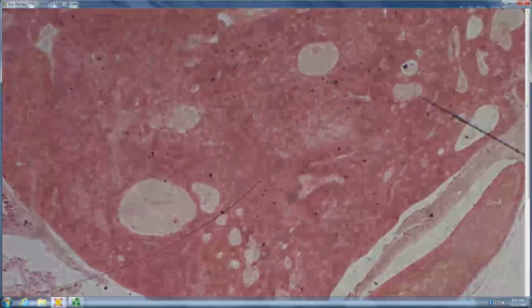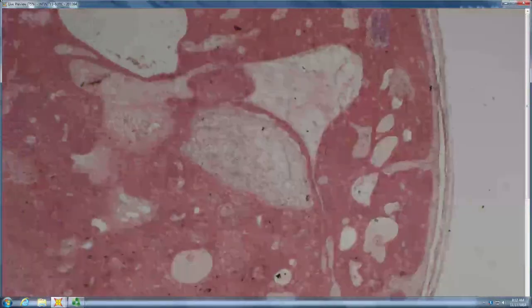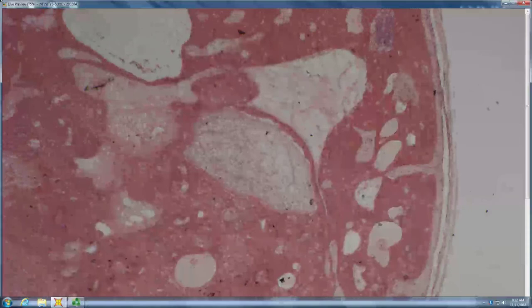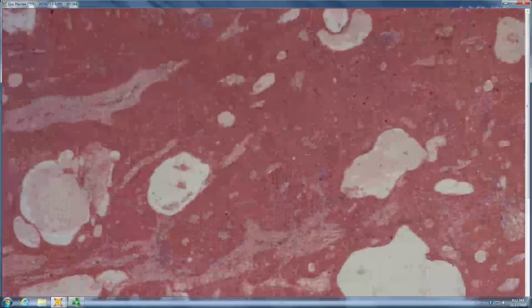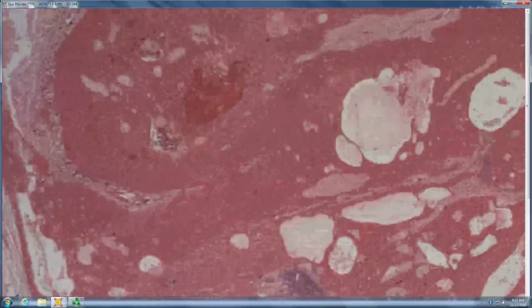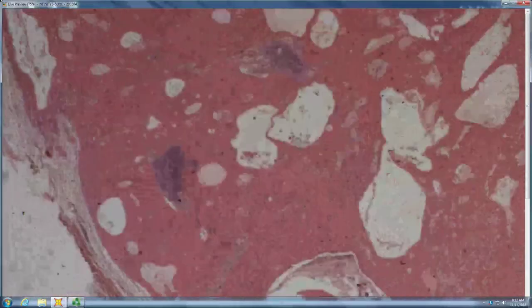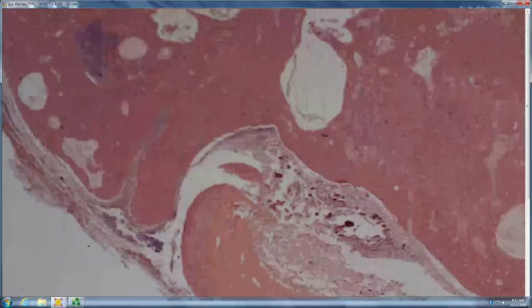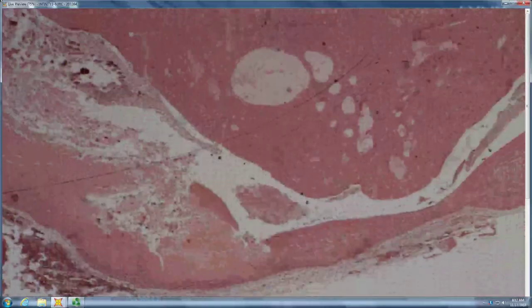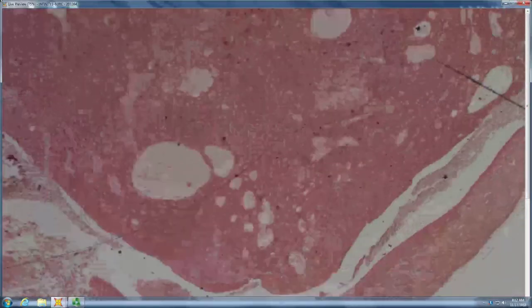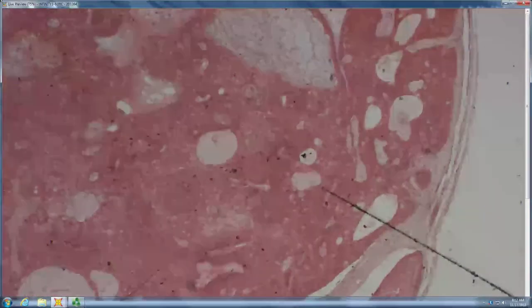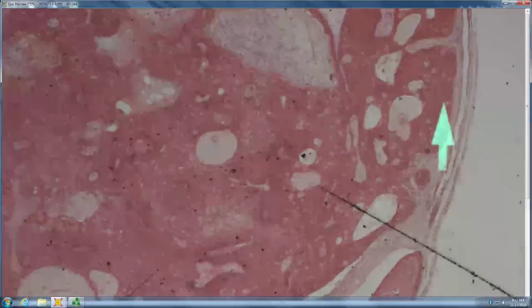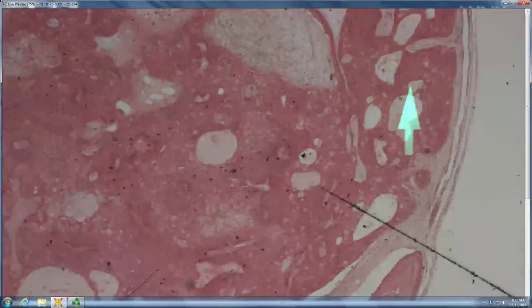They have a nodule, encapsulated. Cystic areas within. So if all of these round things represented ducts, what would you be dealing with?